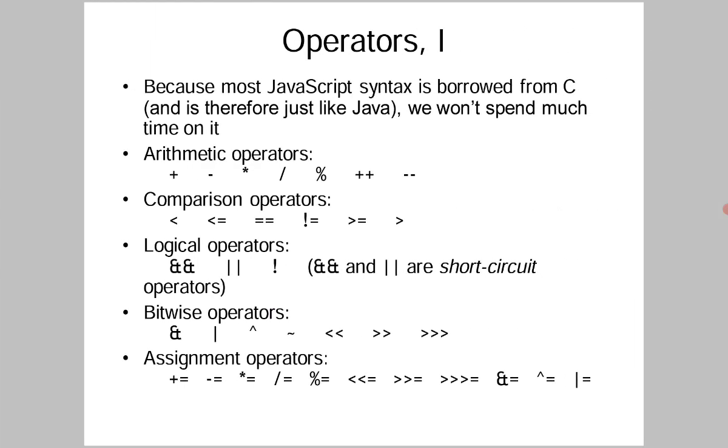Next, operators. Another important concept in JavaScript is operators. What are operators? What are operands? What are constants? What are the different types of operators? As we already discussed in the previous class, an operator is a symbol.